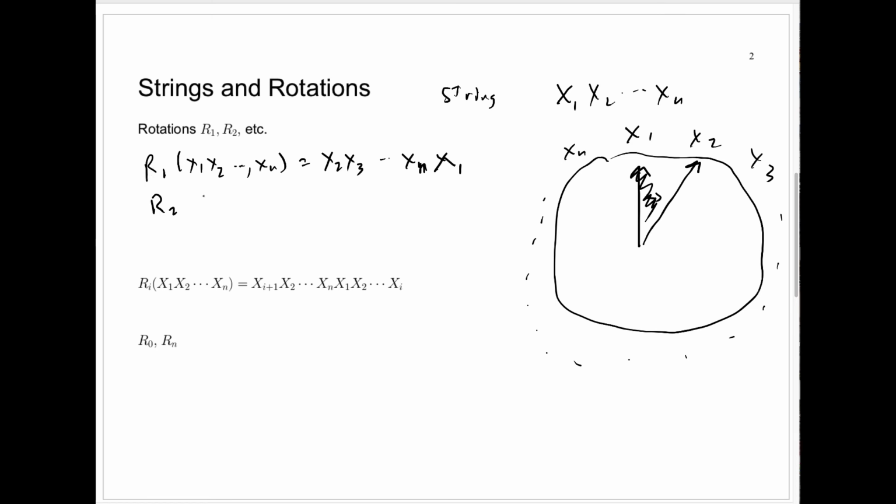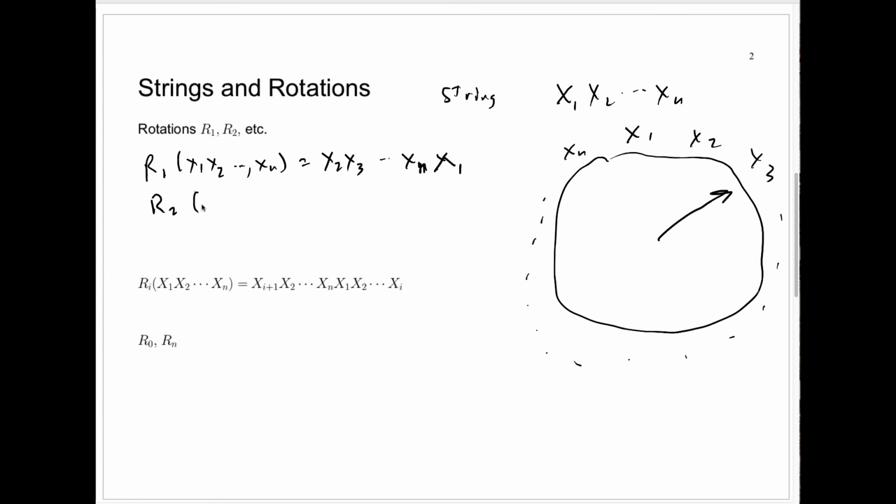R2 is a rotation by 2 positions. That will just be what happens if we change the position of the head of the table here, 1 more spot over. Again, this is like rotating that arrow clockwise, or equivalently, you could imagine leaving the arrow in the same position and rotating all the people at the table counterclockwise.